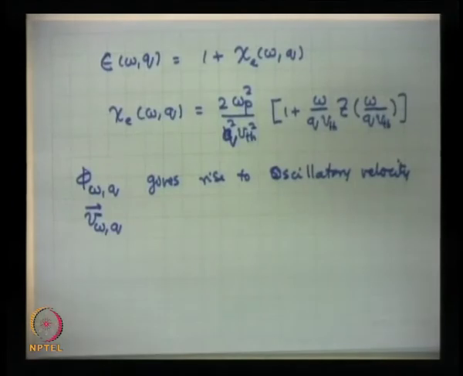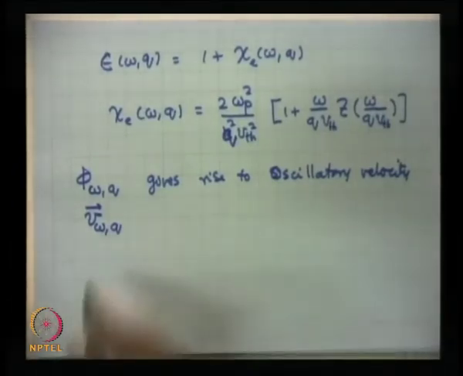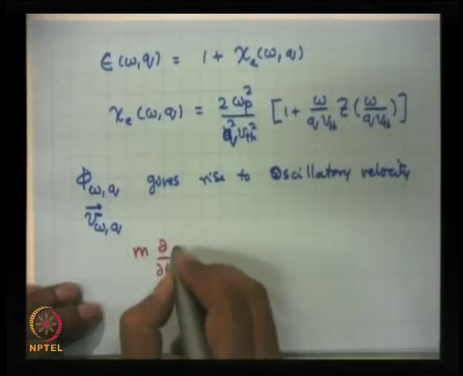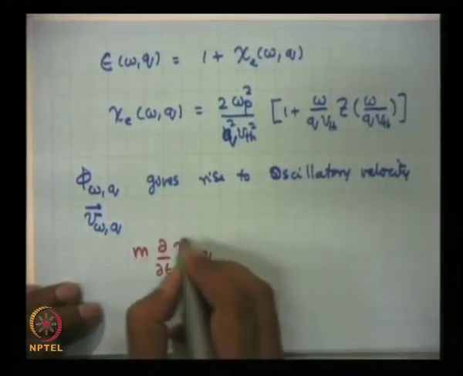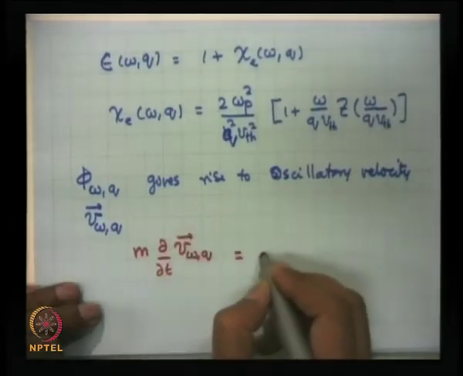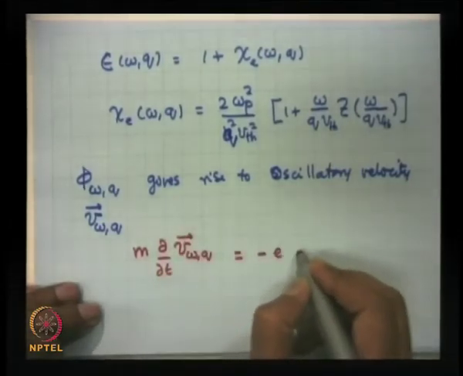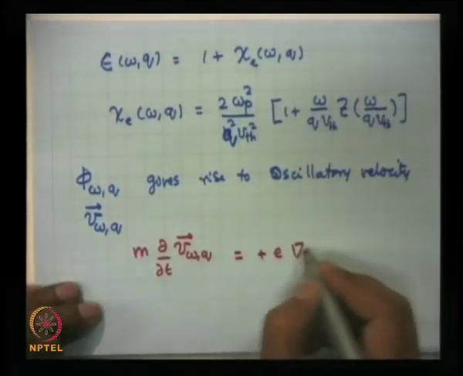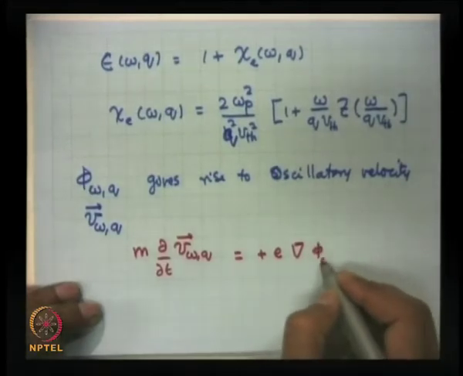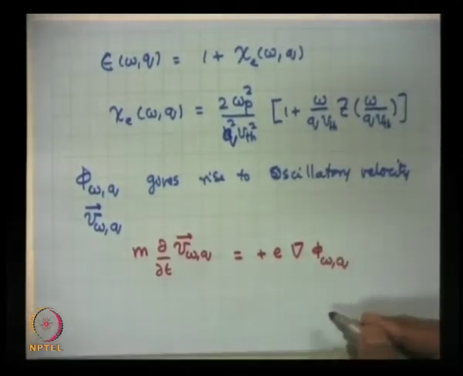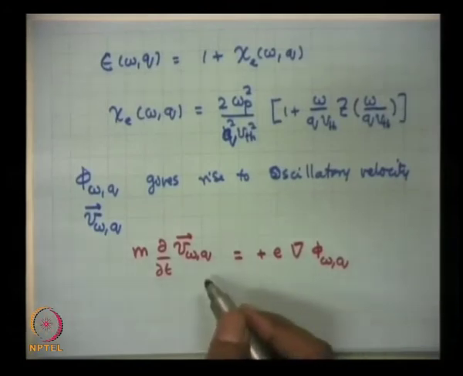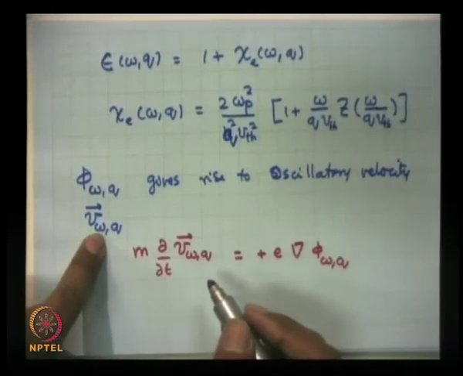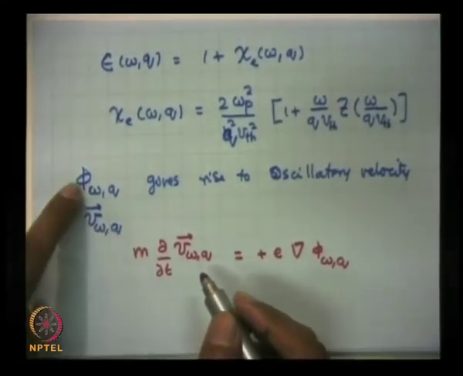So, I solve the equation of motion for electrons, which is m delta delta t of v at omega q is equal to the electric force minus e, and electric field is grad phi with a negative sign. So, grad phi of omega q. Just simplify this. Well, to be rigorous, I should solve the Vlasov equation to obtain v omega q in terms of phi omega q.